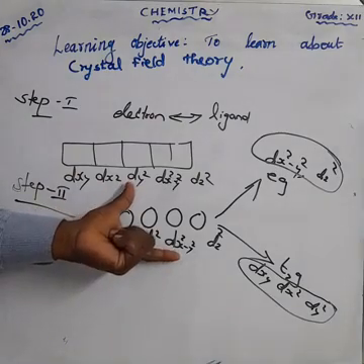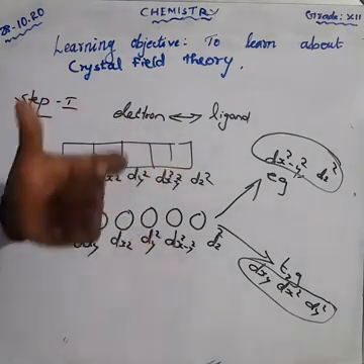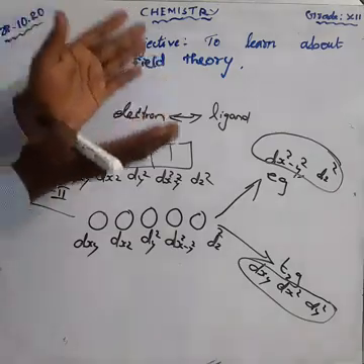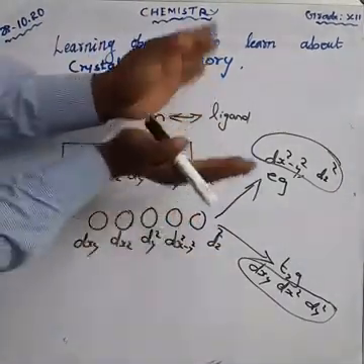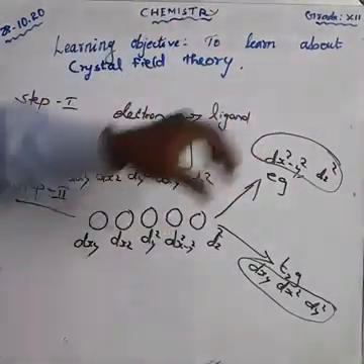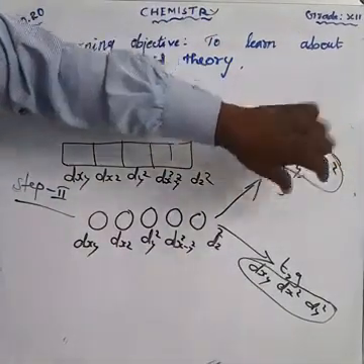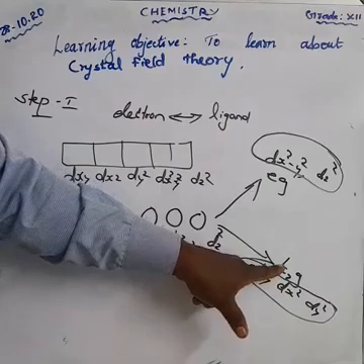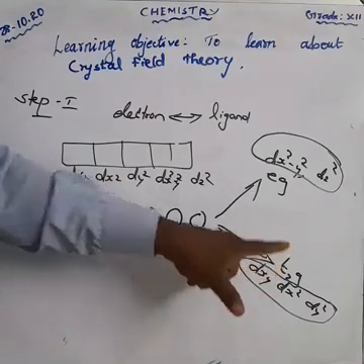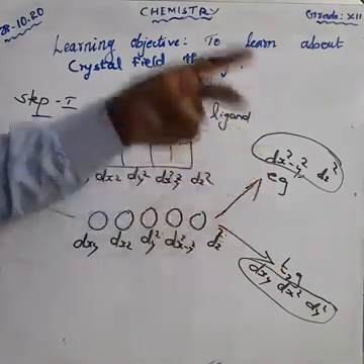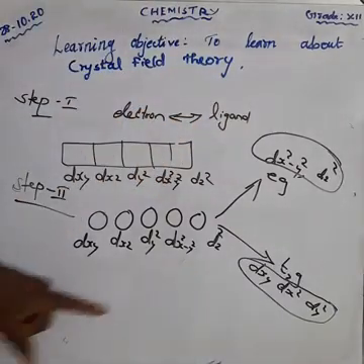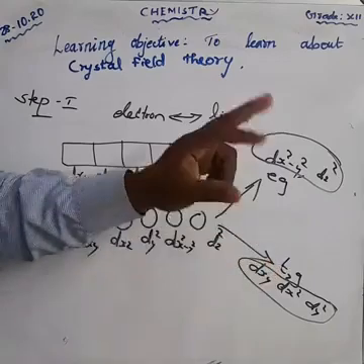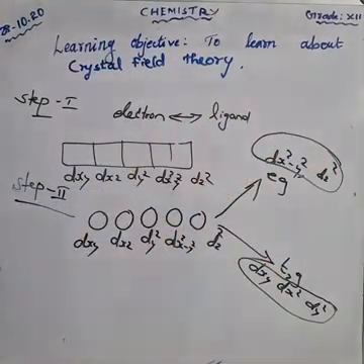Okay, the second step is very important. Here, the degenerate d orbitals split into 2 sets. One is called Eg and another one is called T2g. Eg means doubly degenerate orbitals, and T2g means triply degenerate orbitals.